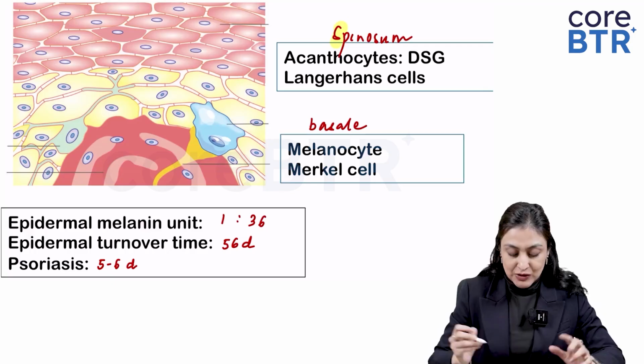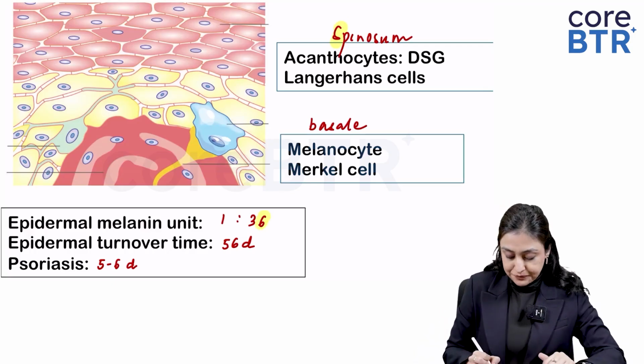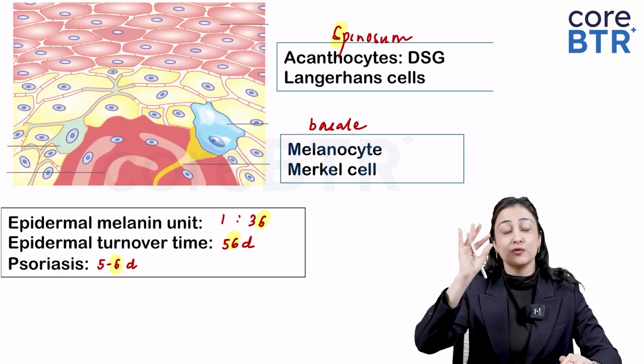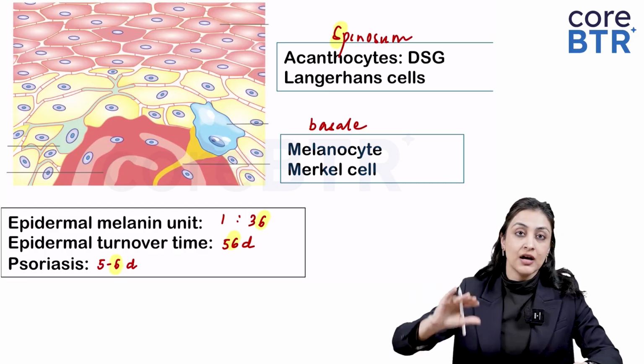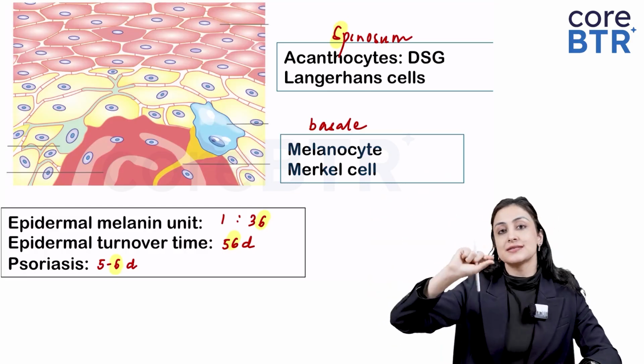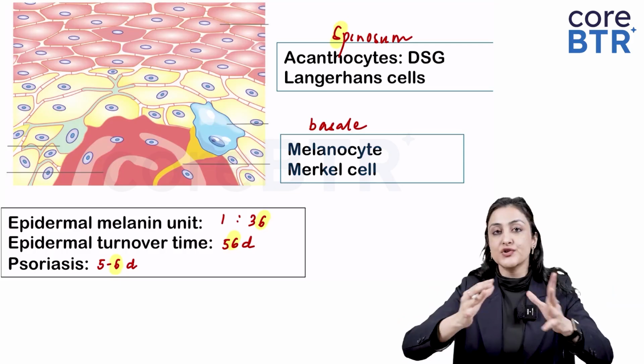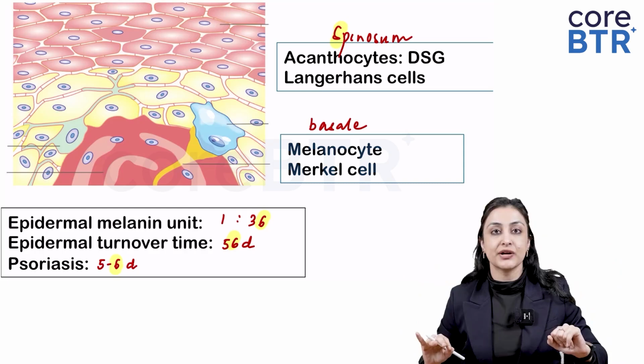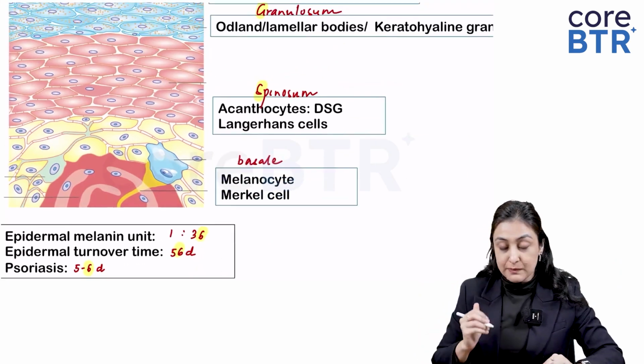Now, what happens when you bring the numbers together? 6, 6 and 6. That's all you have to remember. So even if you forget, vaguely you remember it was 6. So 56, 36 and 6, right? That's how numbers come together and you can remember them easily rather than having them spread around here and there. So this is what is basale.